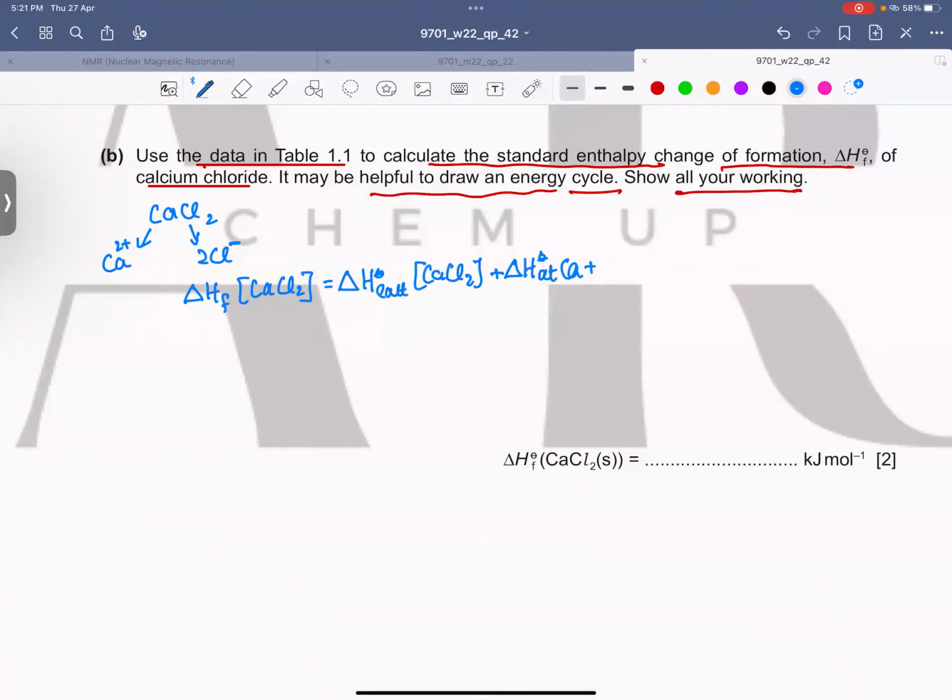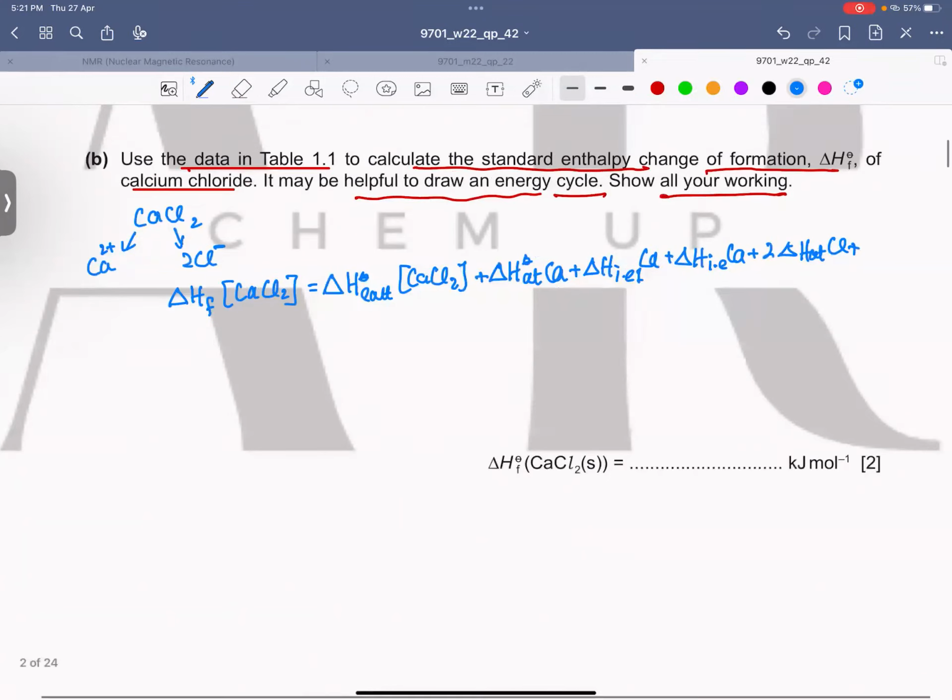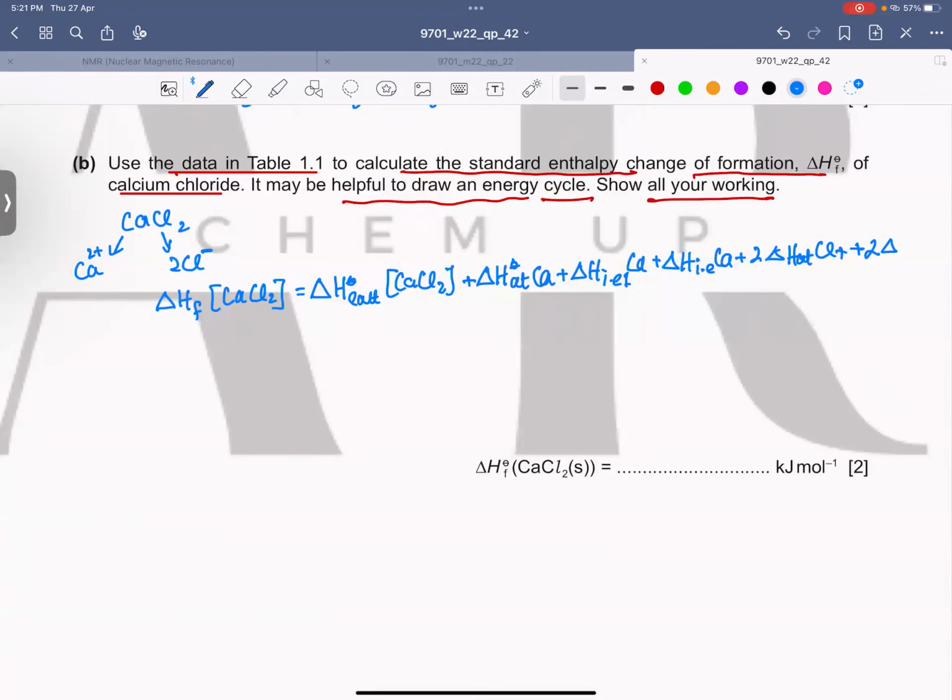Calcium is a 2+ ion, so the first ionization energy of calcium, then the second ionization energy of calcium, then the atomization of chlorine. But as there are 2 moles of chlorine, I need twice the atomization of chlorine. Then chlorine turns into a minus 1 ion, and there are 2 chloride ions, so twice the electron affinity of chlorine. Is this clear to everyone till here?